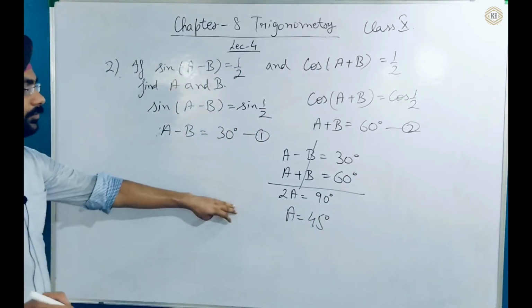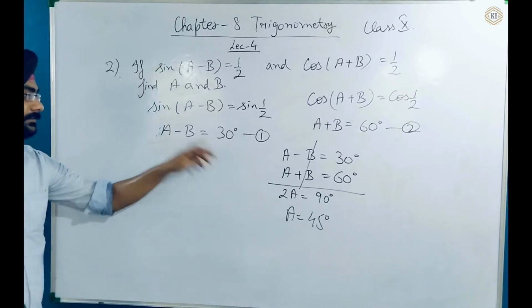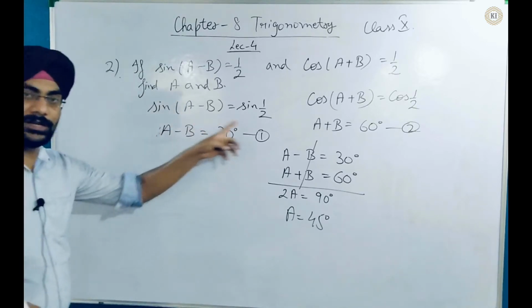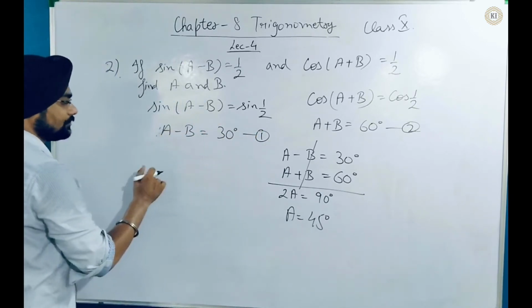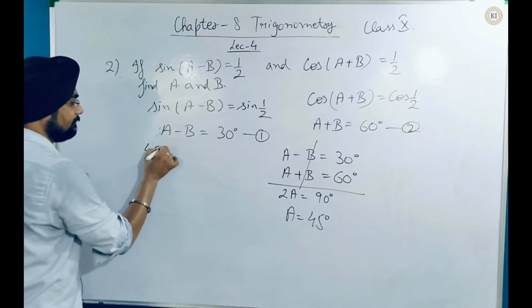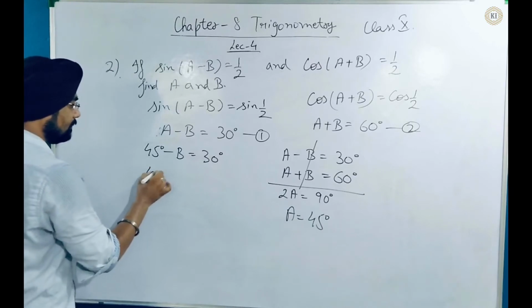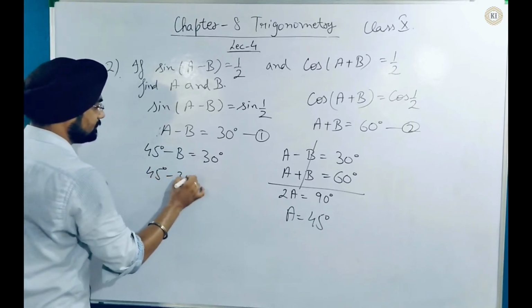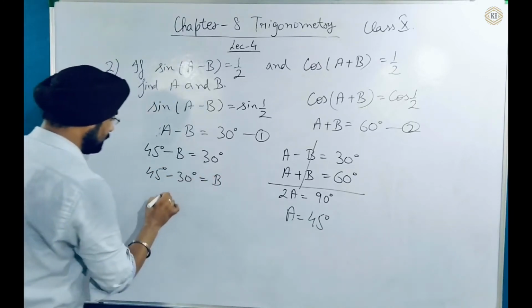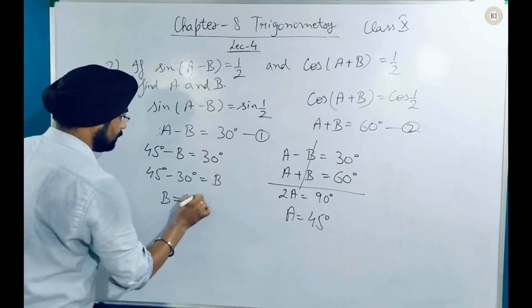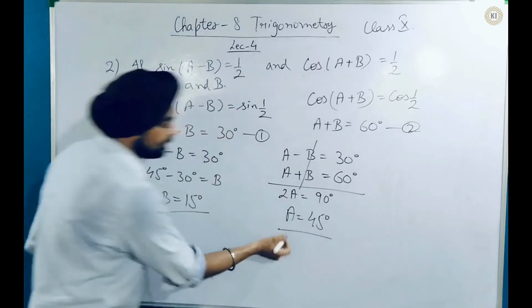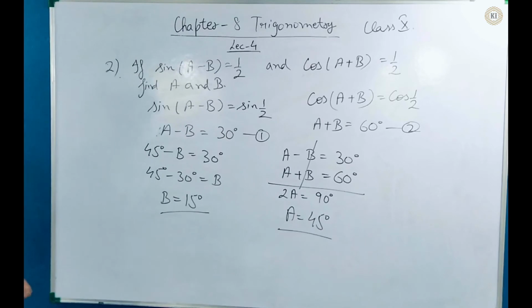Now this value of a we put either in equation number 1 or equation number 2. So we put in equation number 1: 45 degree minus b is equal to 30 degree. 45 degree minus 30 degree is equal to b. So value of b will be 15 degree. So value of a is 45 and value of b is 15 degree.